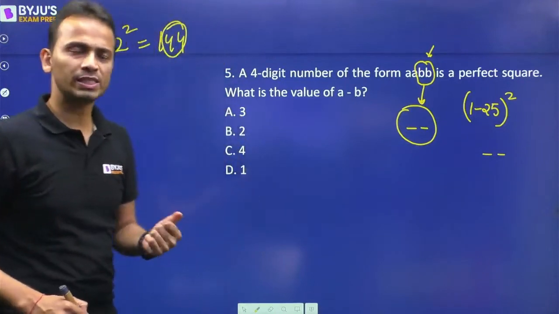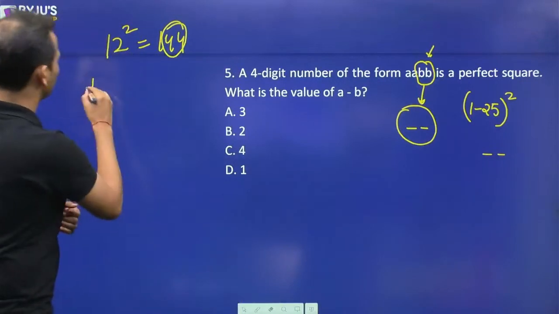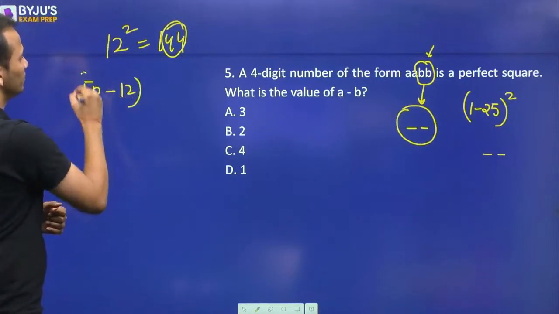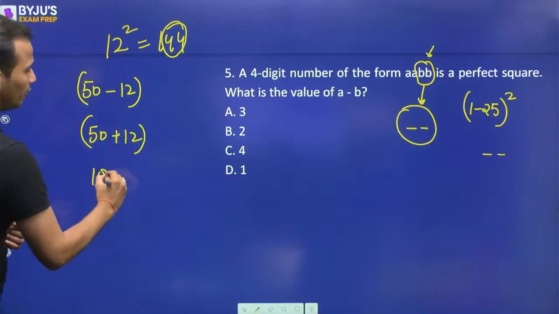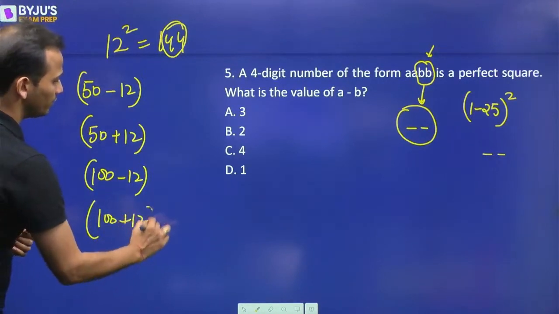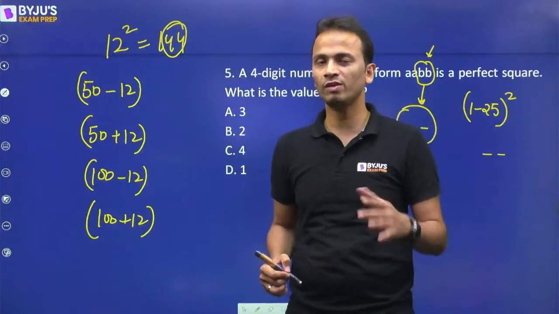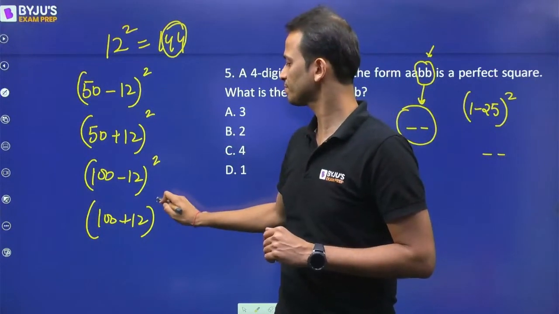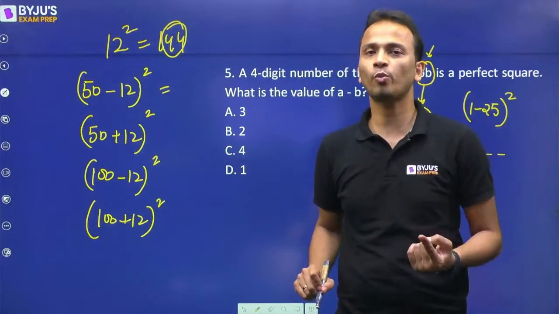Then you can always say that the last 2 digits of the square of 50 minus 12, 50 plus 12, 100 minus 12, 100 plus 12, 150 minus 12, 150 plus 12, 200 minus 12, 200 plus 12 will be the same as the last 2 digits of the square of 12.